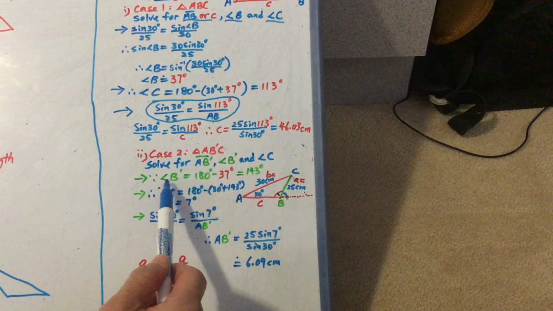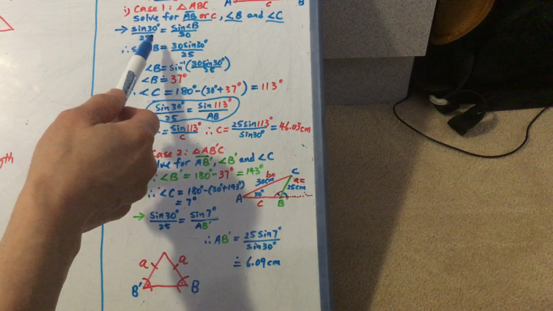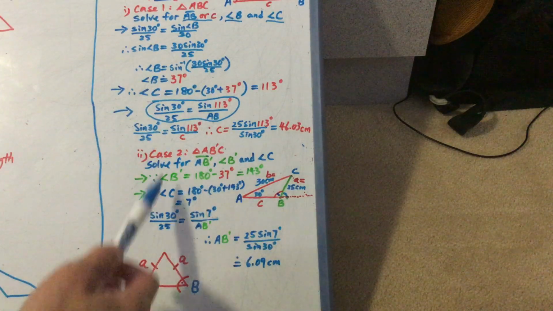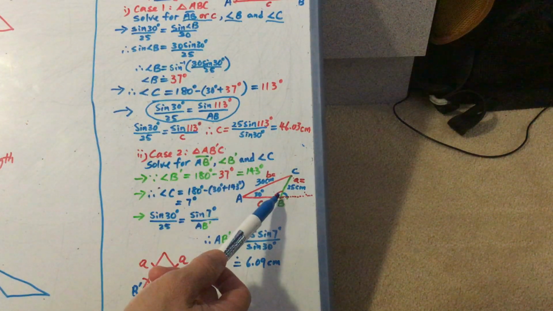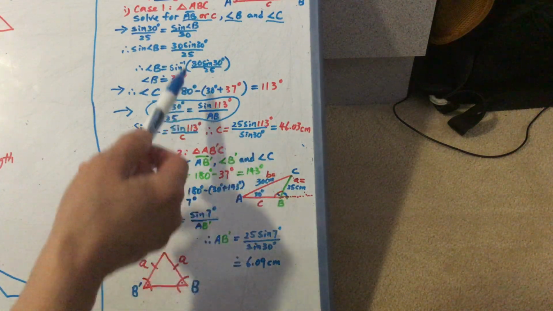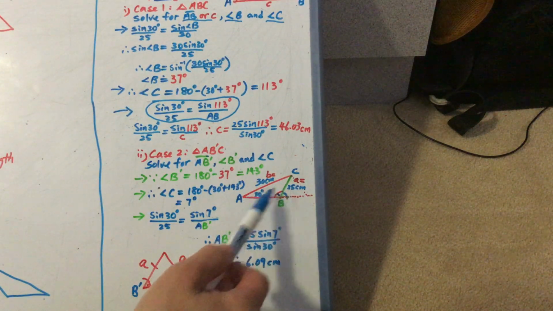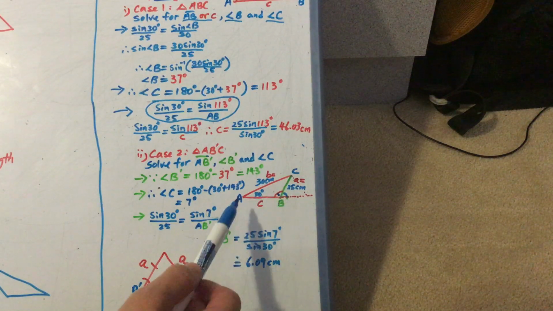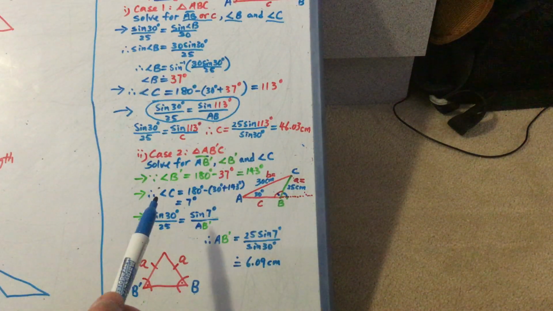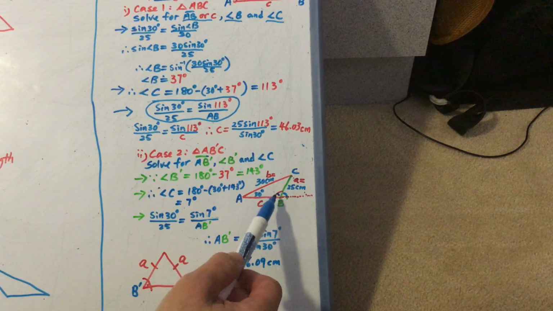For the angle B prime, I cannot use the same method as before, because if you keep using the sine law, you will end up with an angle that is not obtuse. You will be getting 37. If you use the sine law for this diagram, the angle B prime, you will still end up with 37, which doesn't make sense because this one is obviously greater than 90.